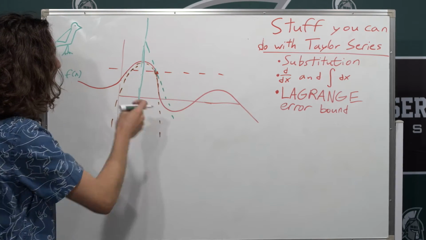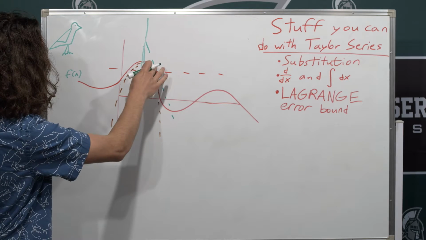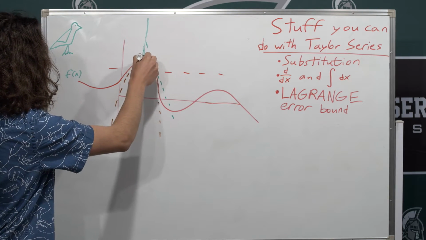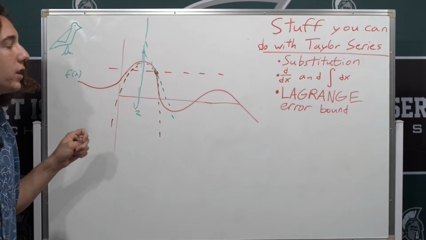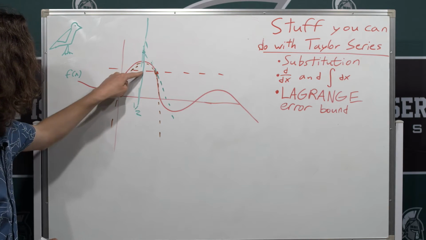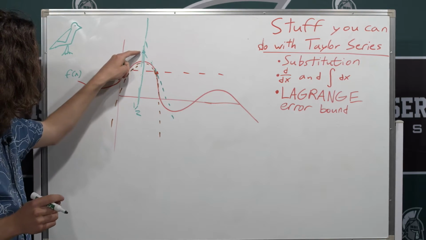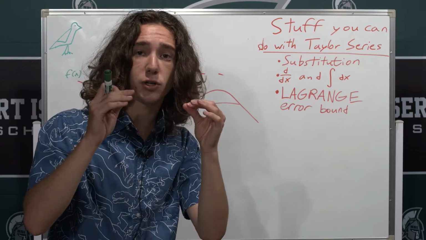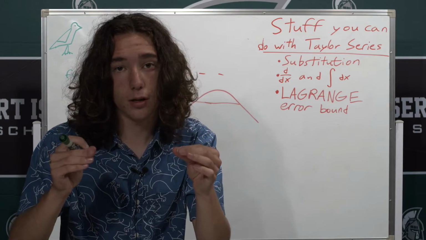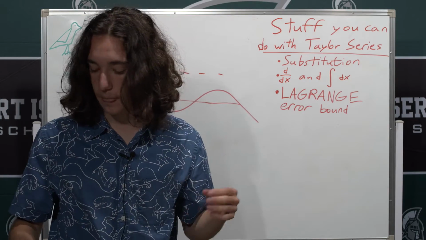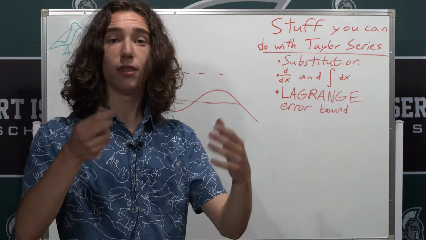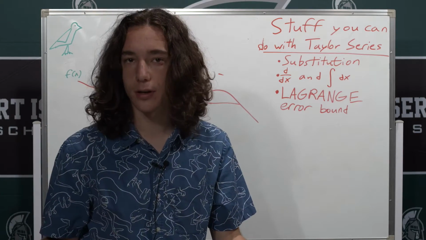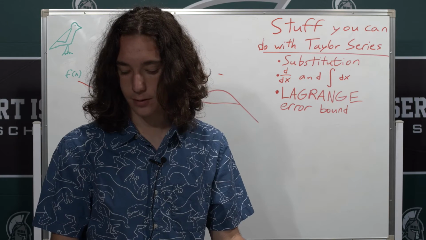And I think this is just a poor drawing, because if this were a little more accurate like that, our 1st degree is still really bad, but it's a good bit closer than our 0th degree. And then our 2nd degree is a good lot closer. And then our 3rd degree is going to push that approximation closer and closer. And so, by adding the next term, we're always getting closer to what our value is.